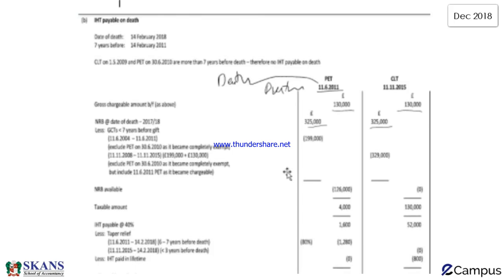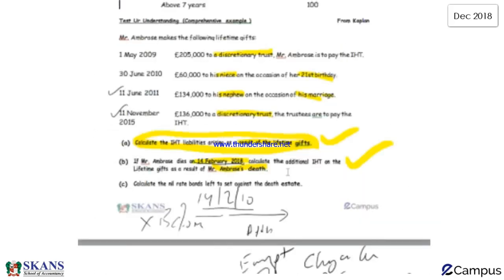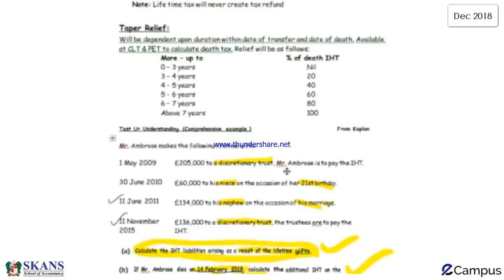What amount of taper relief is available? For that, you have to remember this table, which I think is not provided in rates and allowances. So, if there is a duration of 6 to 7 years, the applicable taper relief percentage is 80% of the death IHT which we have just calculated.